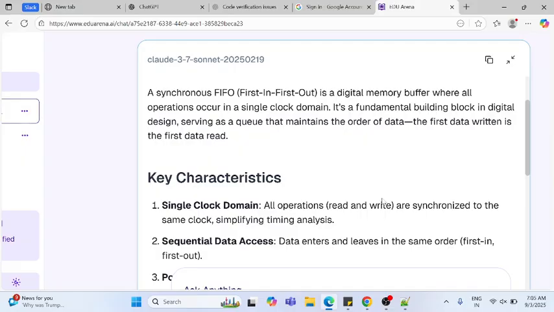An asynchronous FIFO uses two clocks, one read clock and another write clock. It's a fundamental building block in digital design, serving as a queue that maintains the order of the data. Order of the data is important because we don't have any address lines in this FIFO. Therefore, the order in which we are writing the data is going to be followed for reading as well. The first data written is the first data read.